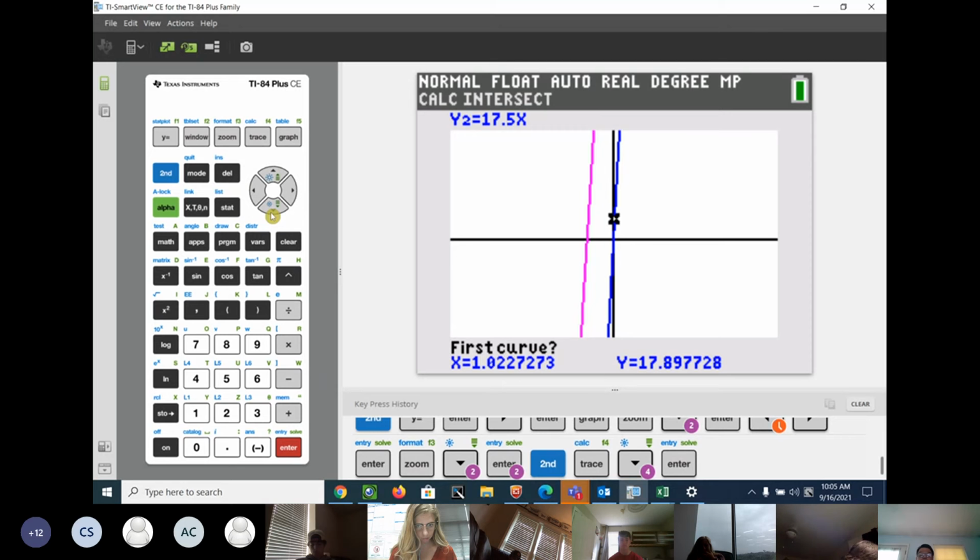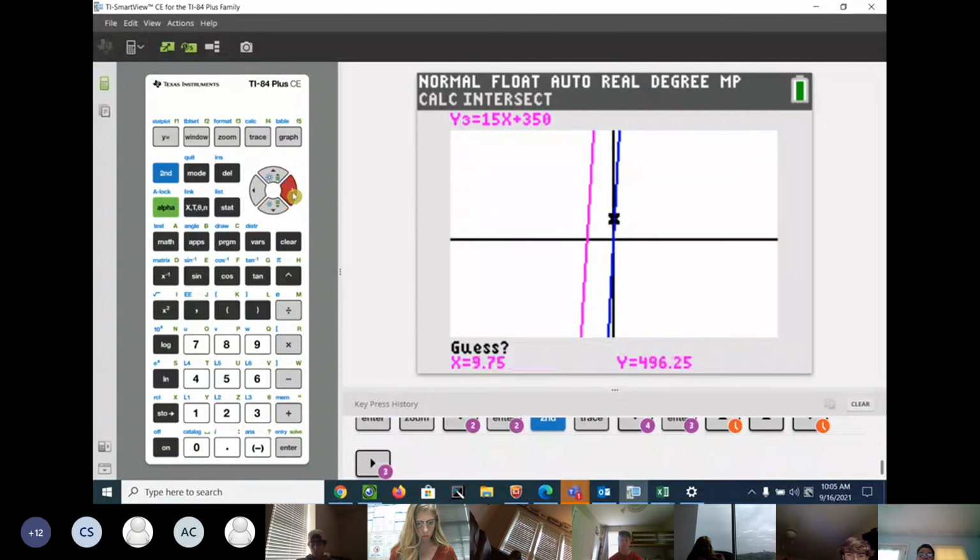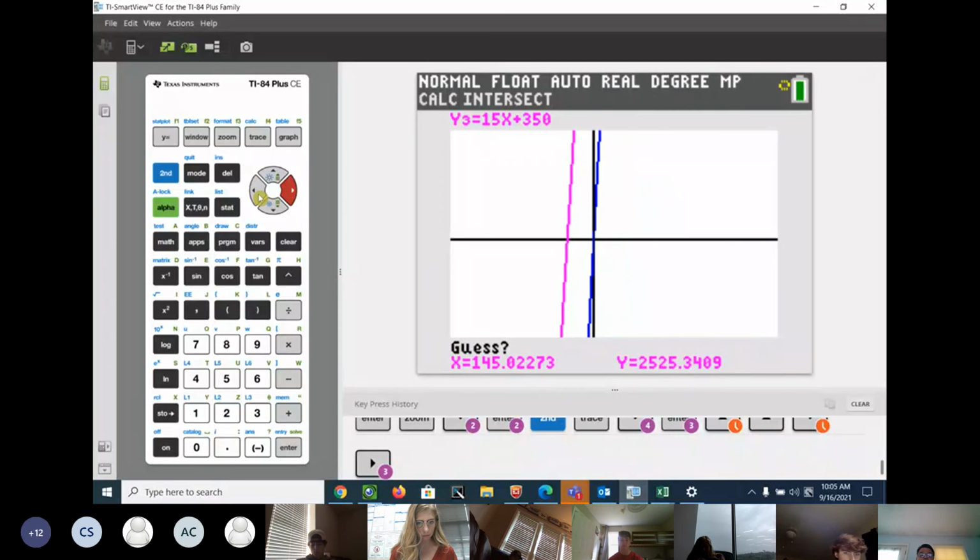And we can set them equal to each other, and we're going to do that too. Yes, I believe that it's crossing up here. It looks like they're converging on each other. I'm trying to get it. Hold on. Okay, it's going the wrong way.